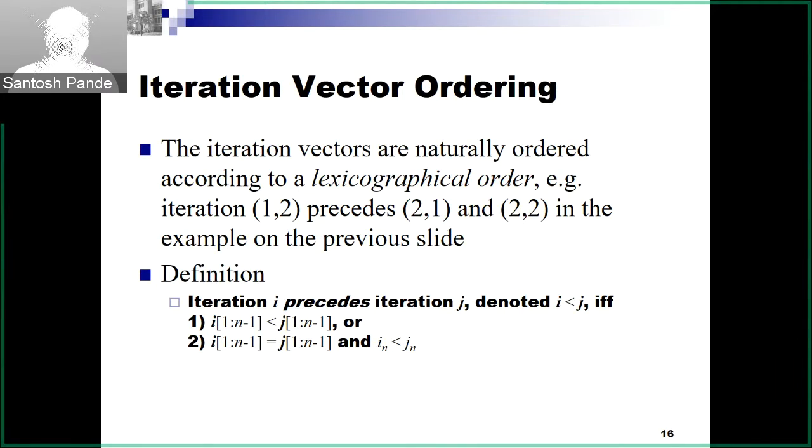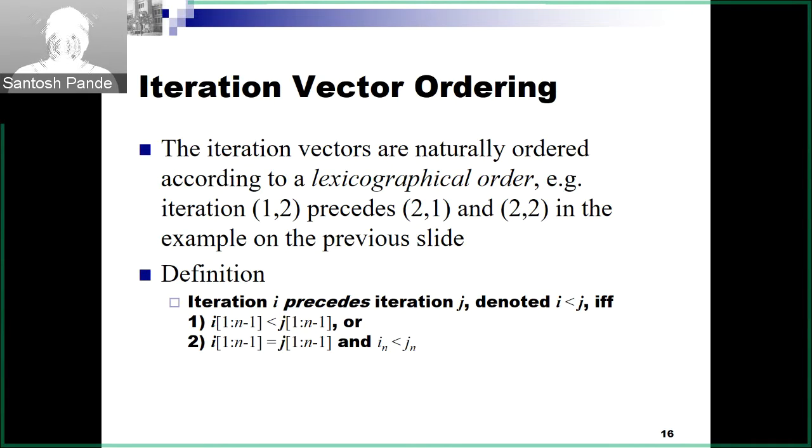In general, what we can do is put an ordering on the two vectors, which will occur before what in a normalized space of the iterations. And this is very easy to understand. This is based on the way the loops execute.